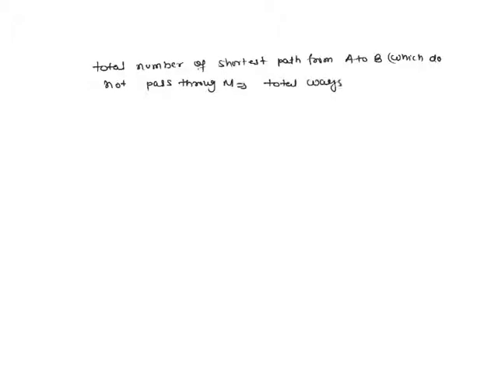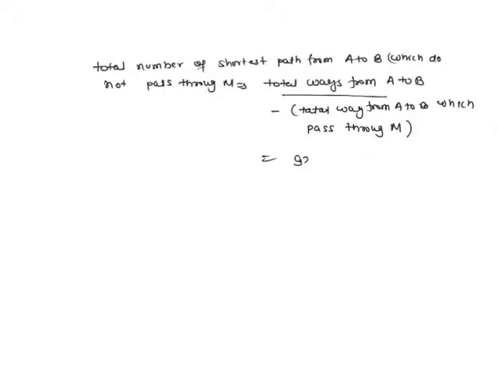So the total number of shortest paths from A to B which do not pass through M is equal to total ways from A to B minus total ways from A to B which pass through capital M. So total ways is 924 minus total ways from A to B which pass through M, which is 400.